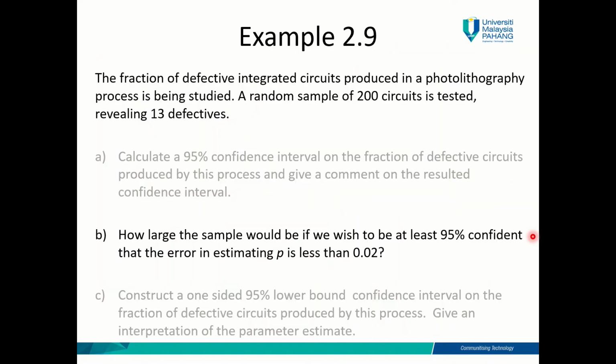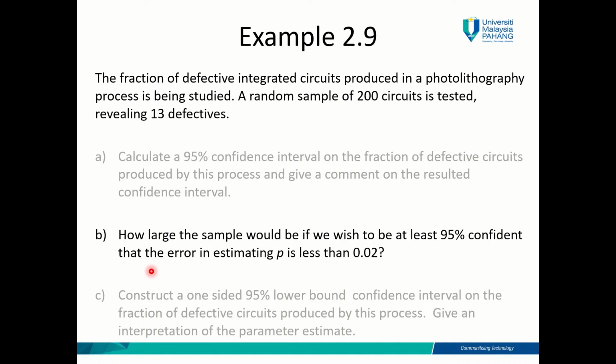So next, let us look at the second question. How large the sample would be if we wish to be at least 95% confident that the error in estimating P is less than 0.02. Okay, class, this question is not asking you to calculate the confidence interval. Look at it again.